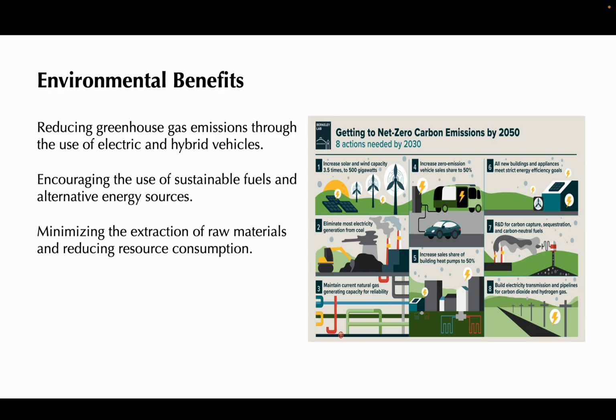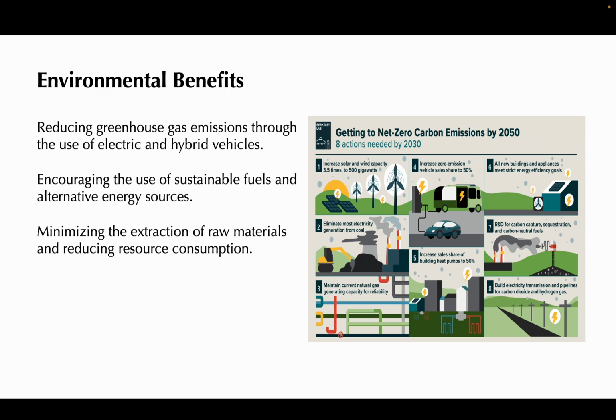Fifth point is increase the sales share of building heat pumps to 50%. Heat pumps are very essential. We don't want it to burn out, right? Number 6, all new buildings and appliances meet strict energy efficiency goals. Number 7, research and development for carbon capture, sequestration, and carbon neutral fuels.